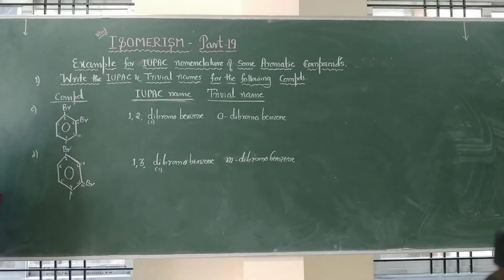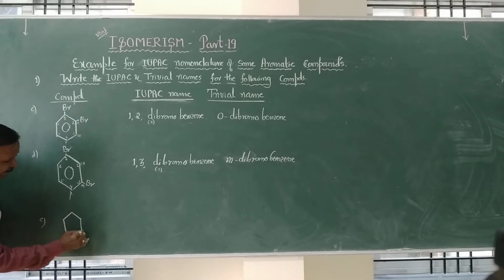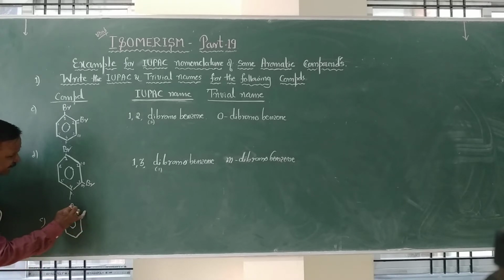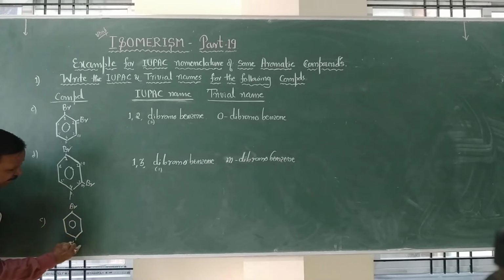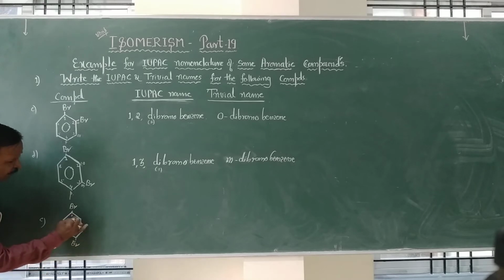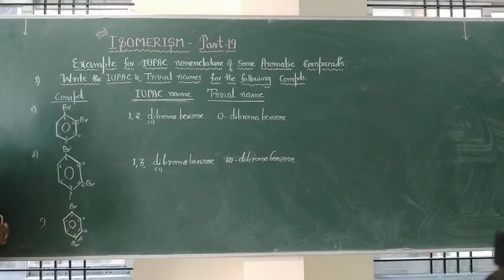And if you want to take 1, 4, same, that will be para-dibromobenzene. If you want to take one more, you can take here. Same, only we are changing the positions. This is Br and this is Br. 1, 2, 3, 4, 5, 6. This is para position: ortho, meta, para.